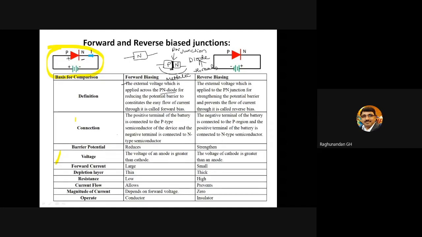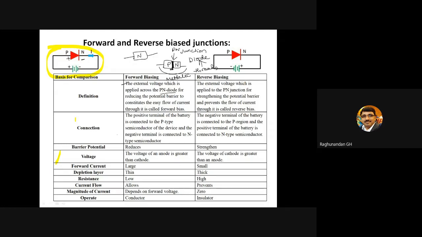They'll ask you what is the forward resistance of the diode which you are using. Usually the diodes we use in our lab have a forward resistance of around 10 ohm. It is not 10 kilo, it is 10 ohm.